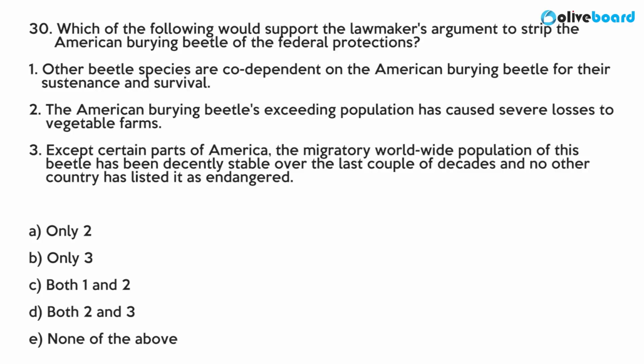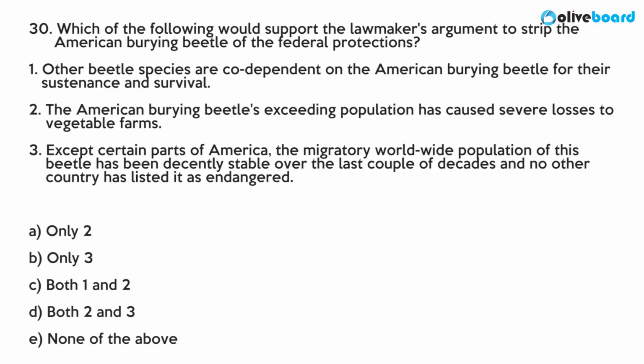So our next question, question number 30, is again based on the previous paragraph. Which of the following would support the lawmakers' argument to strip the American burying beetle of the federal protections? Which says that we should remove the protections from the American beetle.